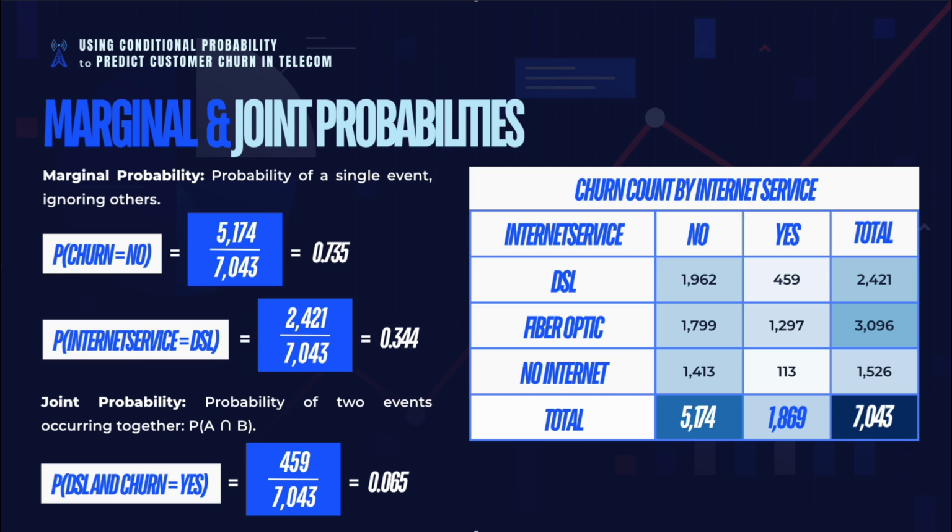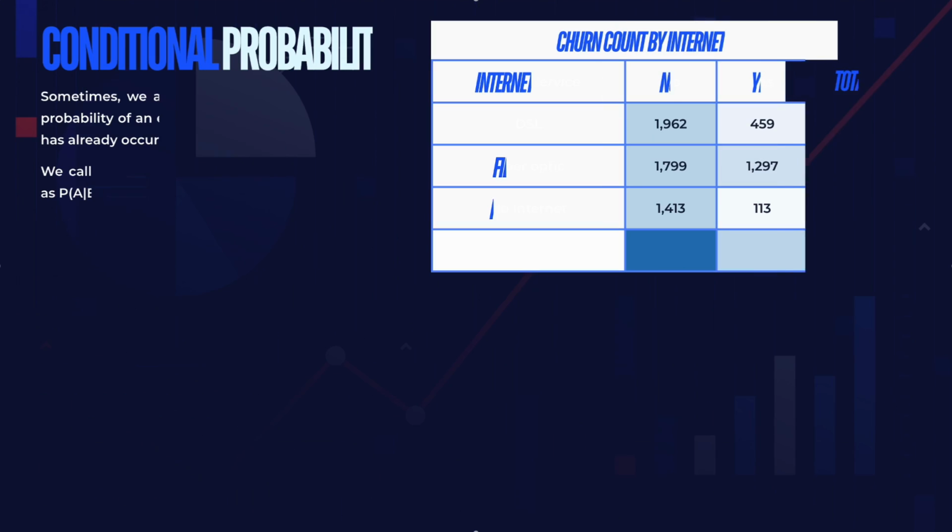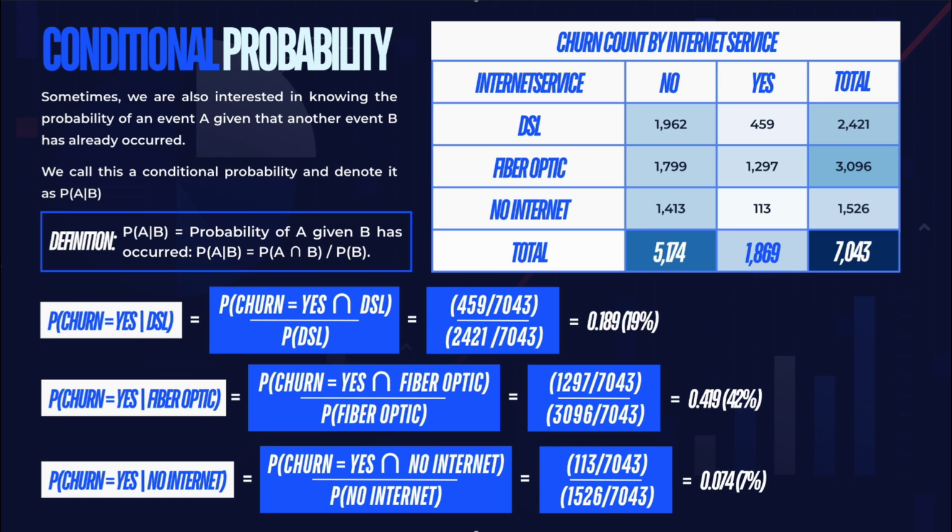And last but not least, the final one, conditional probability, which is the one we are actually using to calculate the churn rate now, because sometimes we are also interested in knowing the probability of an event, given that another event has already occurred, and we call this a conditional probability.